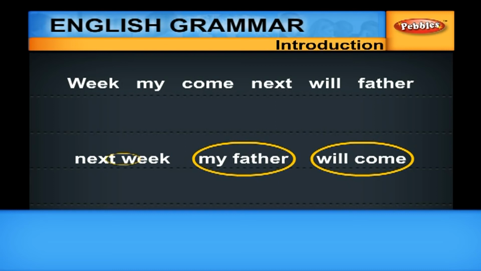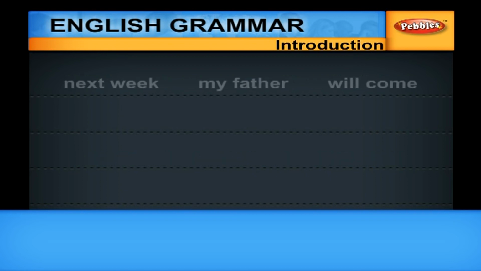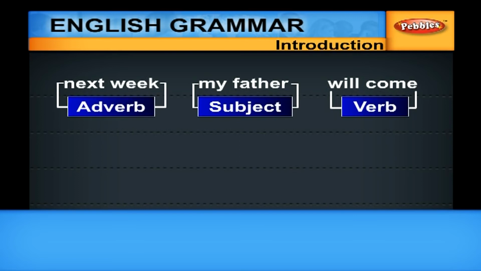Then, how do you make it into a sentence? You know that in English, there must be a subject. The subject in this group is my father. Verb must come next: will come. Then you have the adverb, next week.